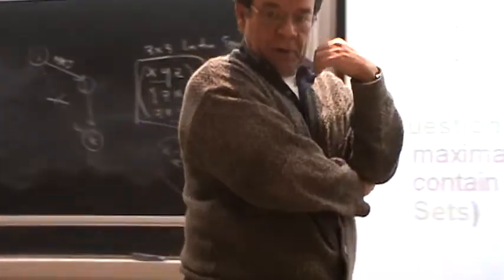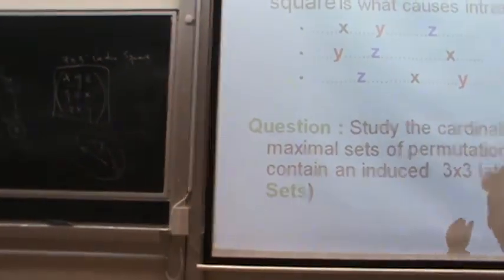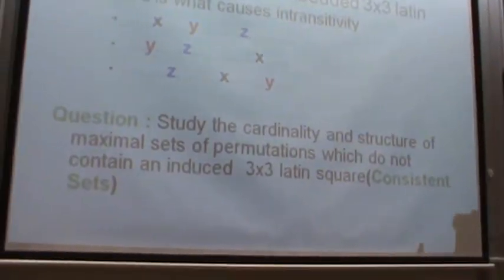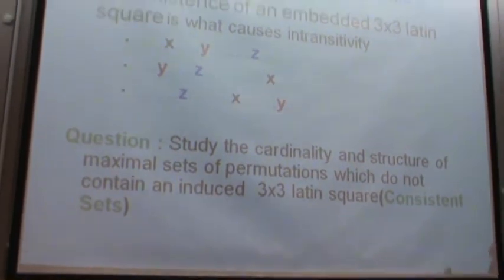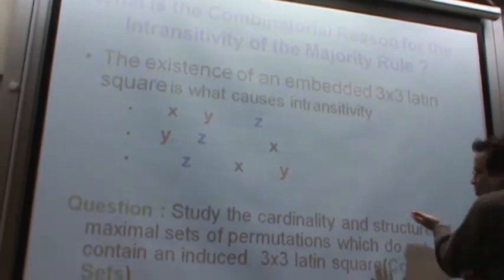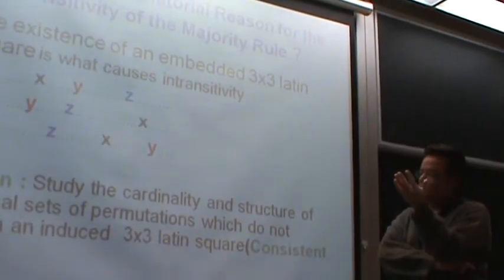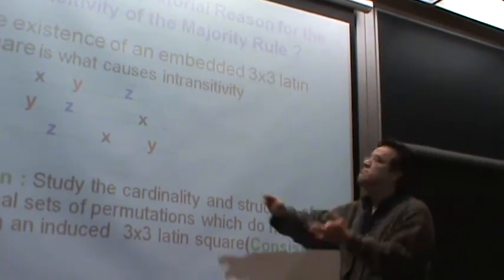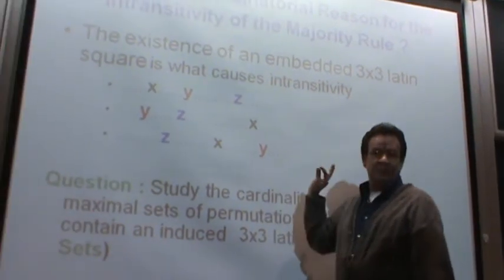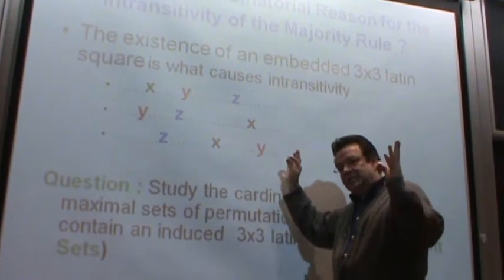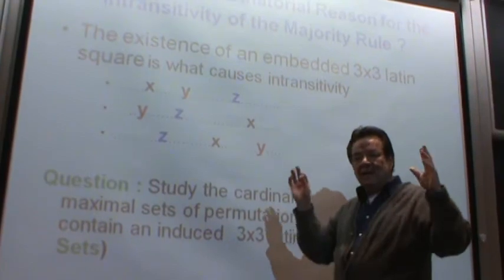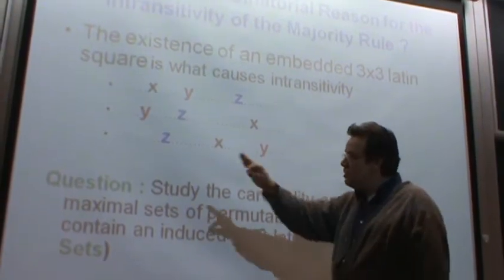Actually, Kenneth Arrow asked this question when I was a graduate student. He said it would be interesting to look at the collection of permutations such that for no 3 symbols this happens. You have to take x, y, z, p, q, r, all of them. And for any 3 symbols, you don't want that to happen.